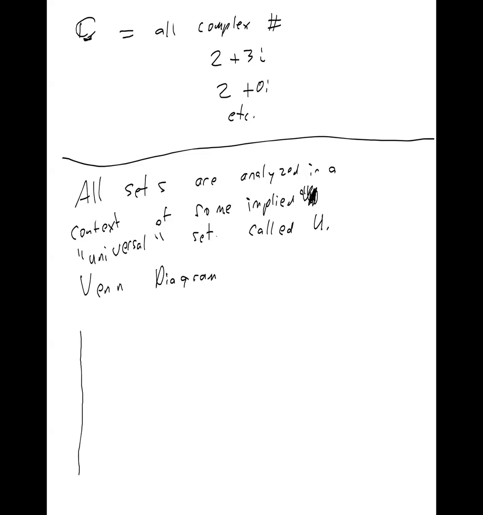So draw a box and then label that box U. Like that. And then whatever other sets you have are put inside that box, usually in the shape of circles. So let's say that U has all positive integers from 1 through 10.